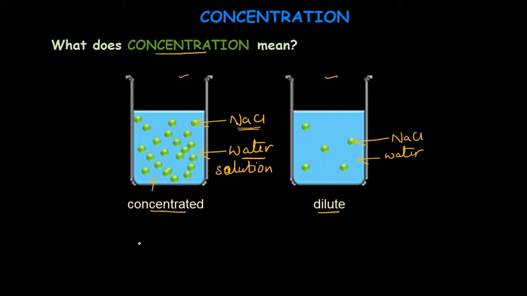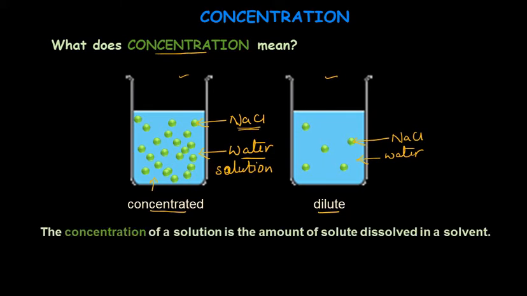Now, what do we mean by the term concentration? Concentration means the amount of solute dissolved in a solvent. So the word concentration is used for the solution in which some solute is dissolved in a solvent, and the amount of solute dissolved can be defined by the term concentration.